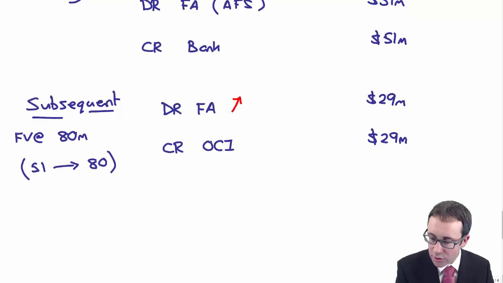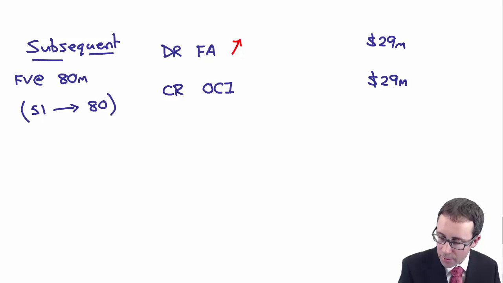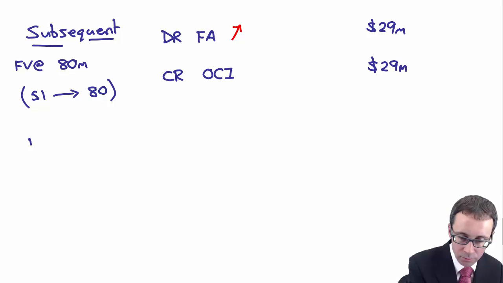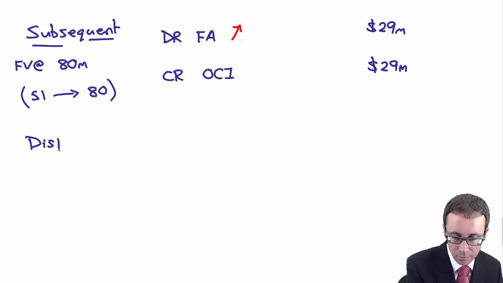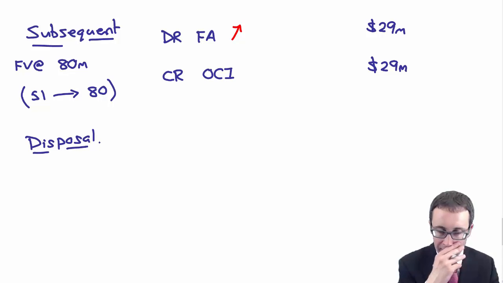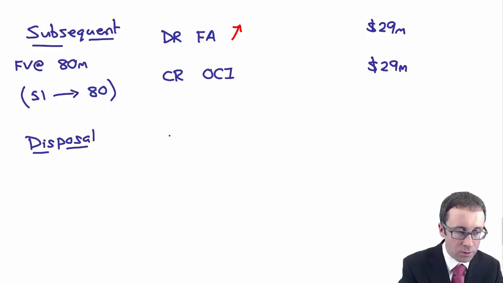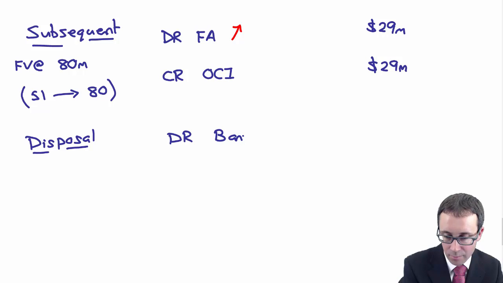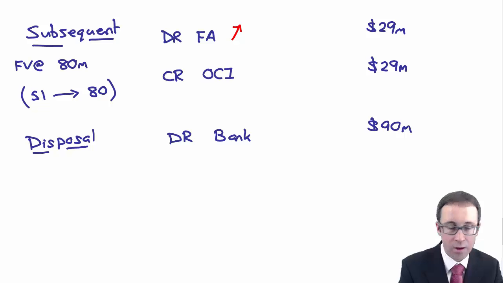What then happens, a little bit trickier, I suppose, when we come to look at your disposal. If we go through there and look at the disposal, the proceeds that we got are that we debit the bank, is it there, with 90 million, isn't it?